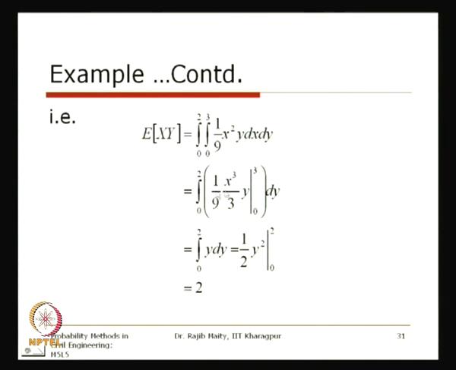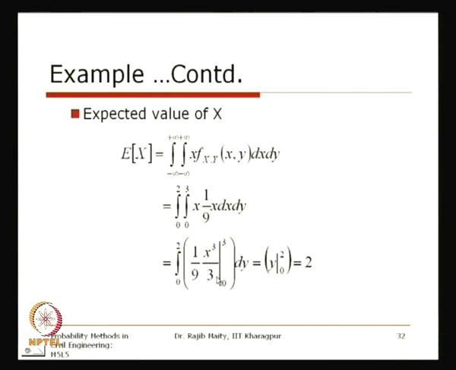Now, similarly, we have to get the expectation of X as well as the expectation of Y. The expectation of X is the integral of x multiplied by the joint density, dx dy.